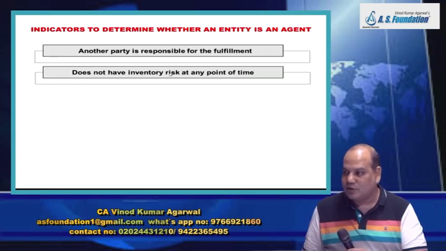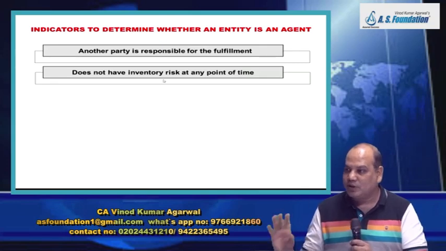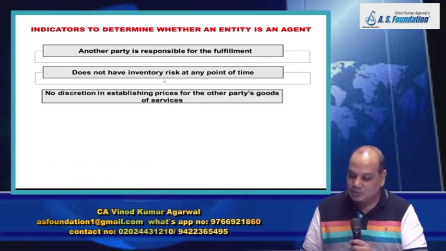The agent will not suffer any loss. Second, it does not have inventory risk. Now, in that Book My Show example, if they purchase the entire 100 tickets or 1000 tickets, and in case it is not sold, they will take the risk, then it is not an agent, it is a principal.